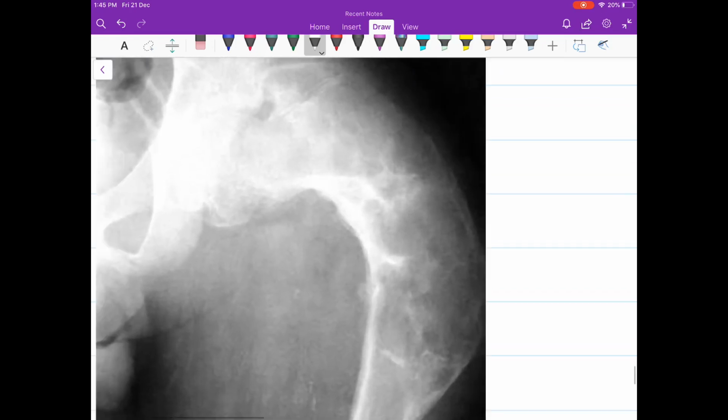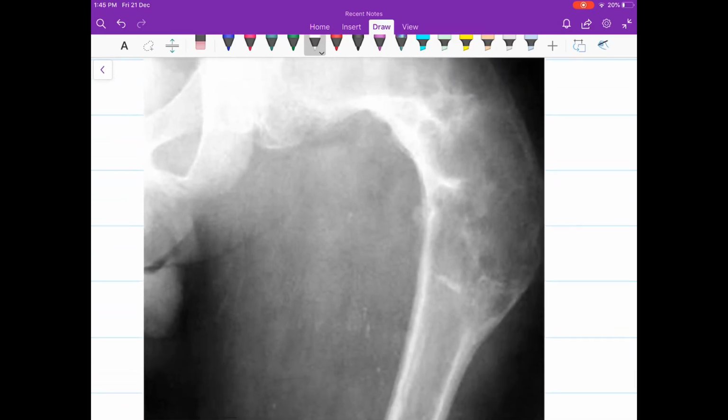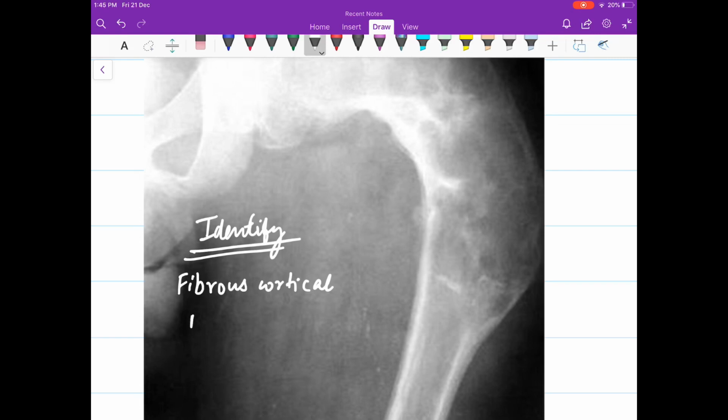What do you see, friends, in this picture? What is this? Identify. It is fibrous cortical defect. And it is associated with which syndrome? McCune-Albright syndrome.